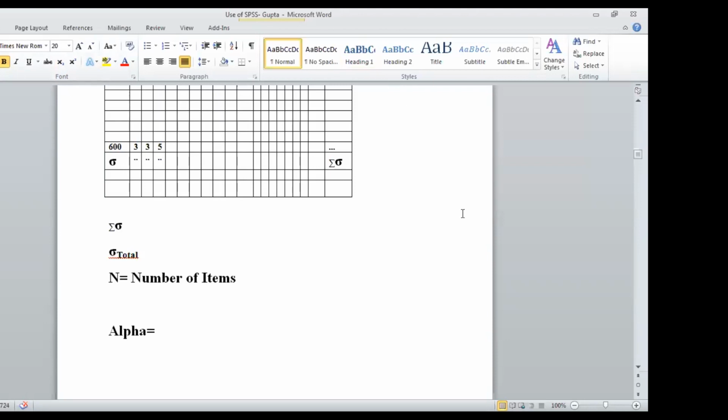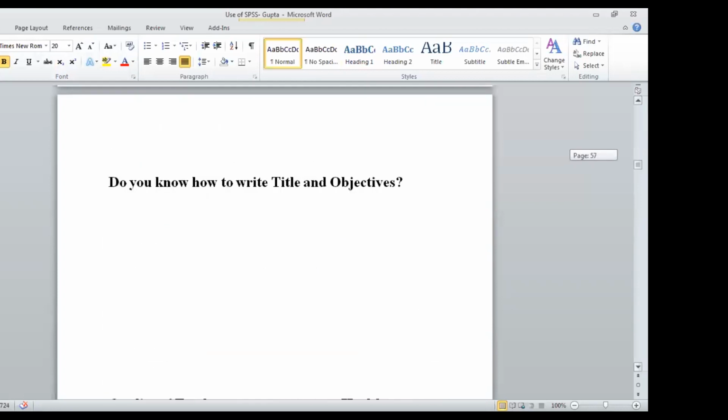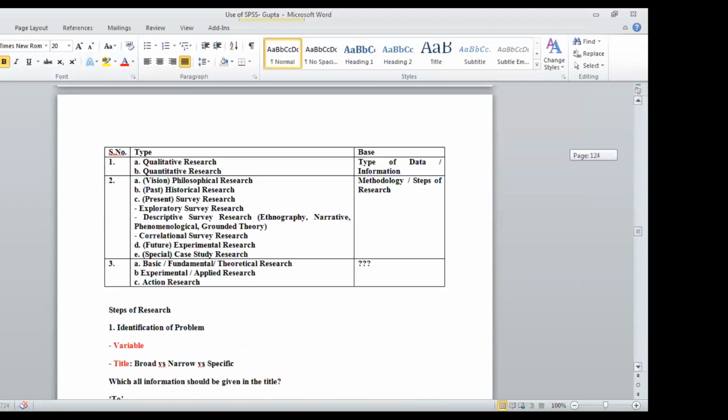And for the alpha value, let me give you the formula.